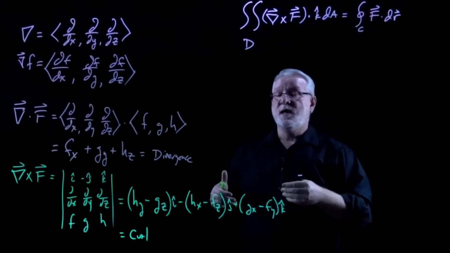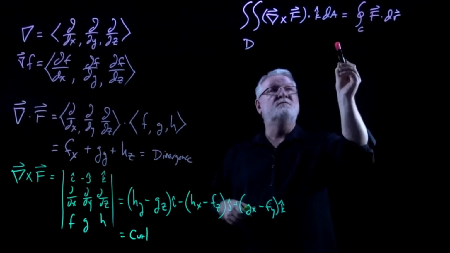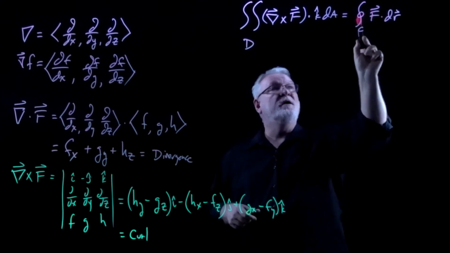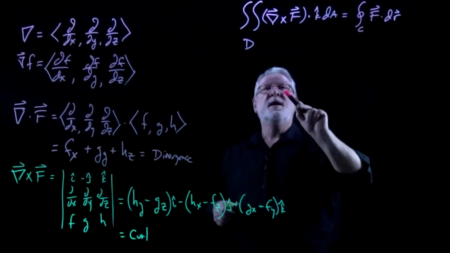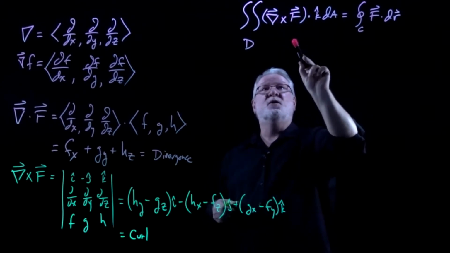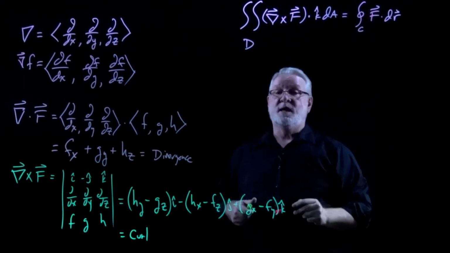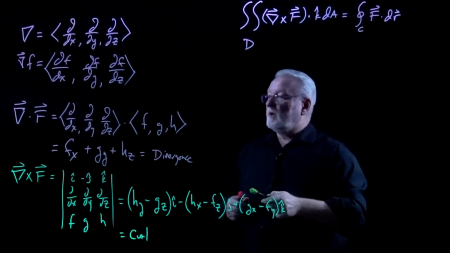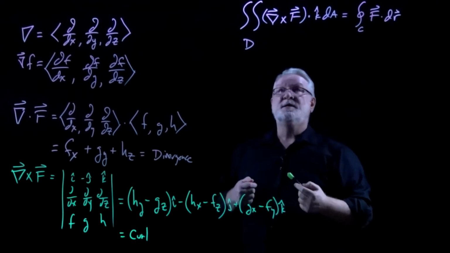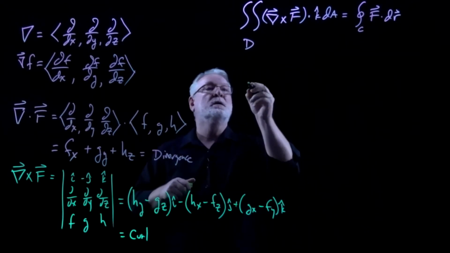So once again, just like with Green's theorem, this gives you a choice. If you're asked to evaluate this integral, you can then instead evaluate this one. And if you're asked to evaluate this integral, then of course you can instead evaluate this one. Okay, the second one involves an application of divergence.